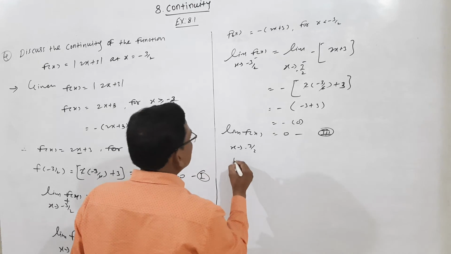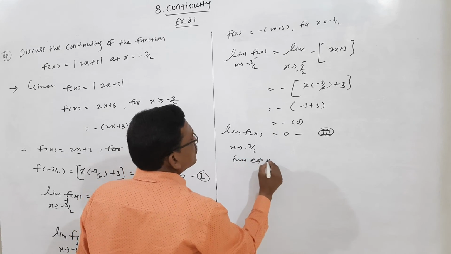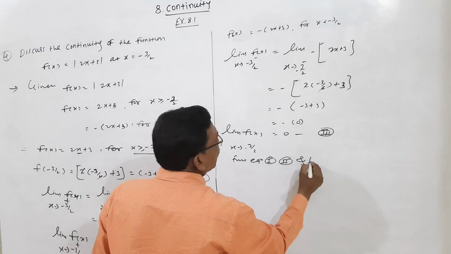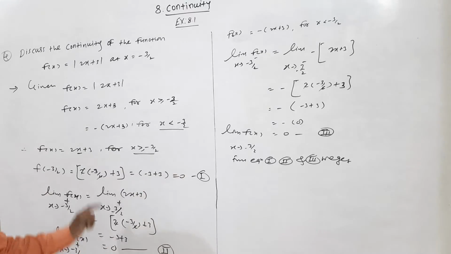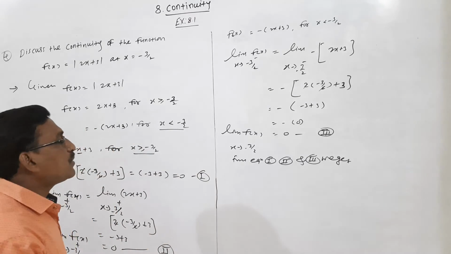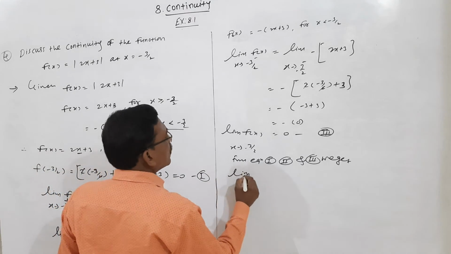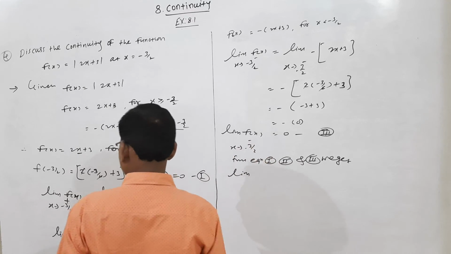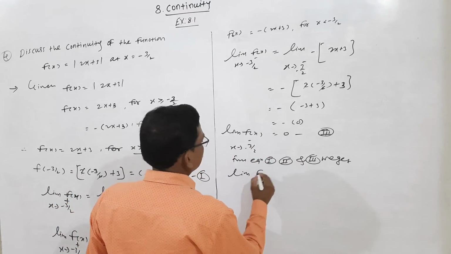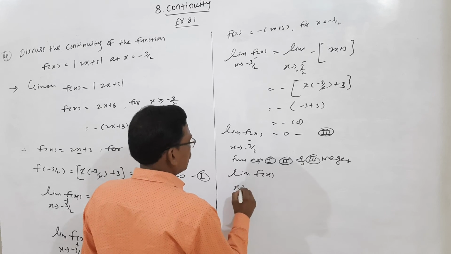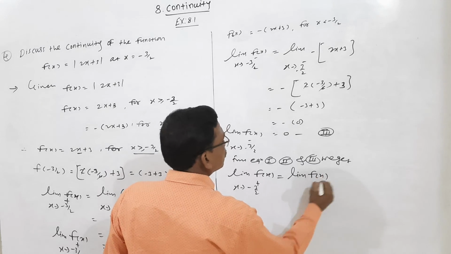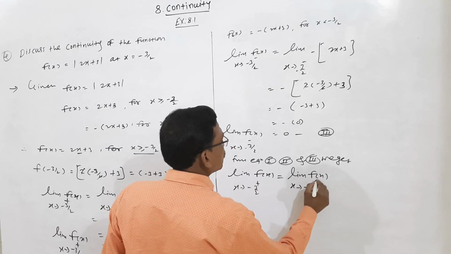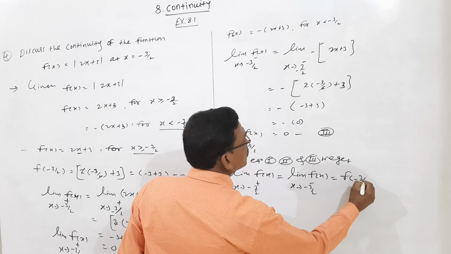So from equations first, second and third we get 0, 0, 0, all the same. The right hand side limit of this function is equal to the left hand side limit, as x tends to minus 3 by 2 minus, which is equal to the function value at that point.